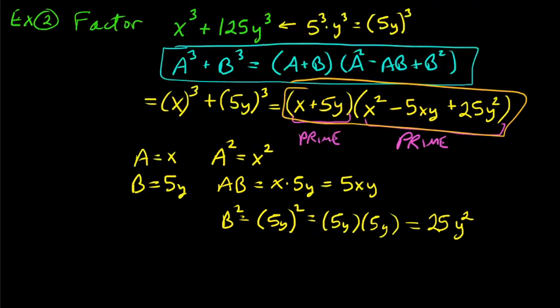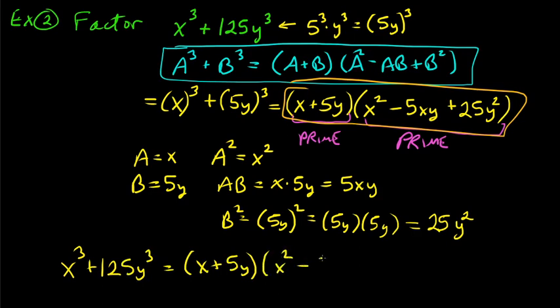Okay, so just to summarize, we factored x cubed plus 125y cubed as x plus 5y times x squared minus 5xy plus 25y squared.